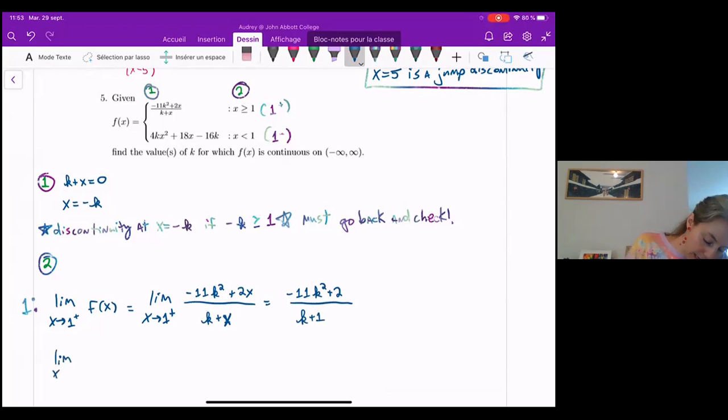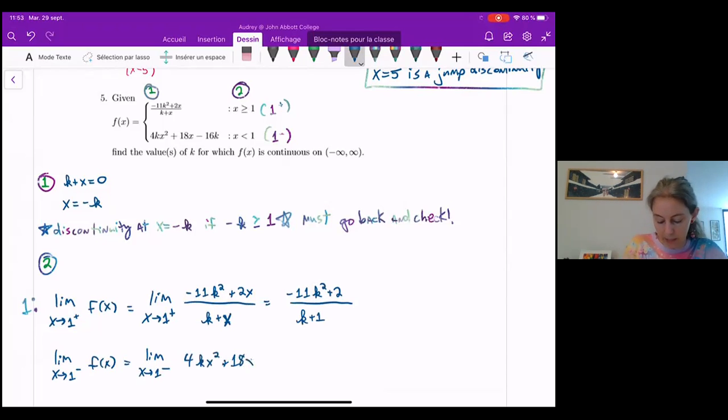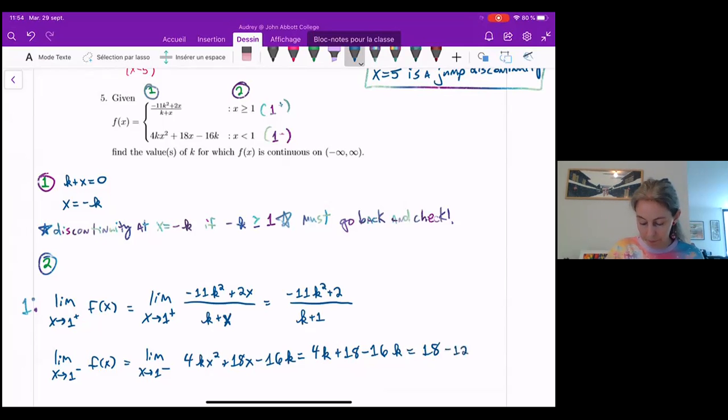And then the limit as x approaches 1 from the left. That's my second function, 4k x squared plus 18x minus 16k. Again, I plug in 1 and I get 4k plus 18 minus 16k, which gives me 18 minus 12k.